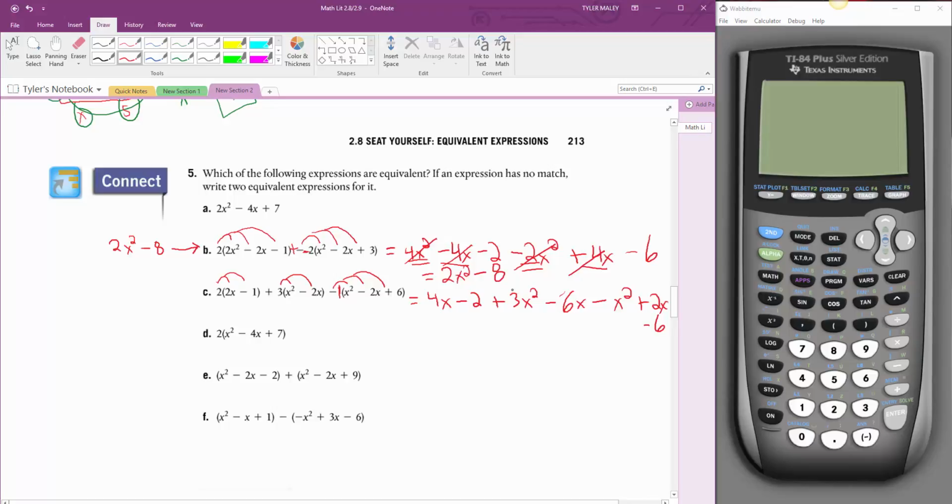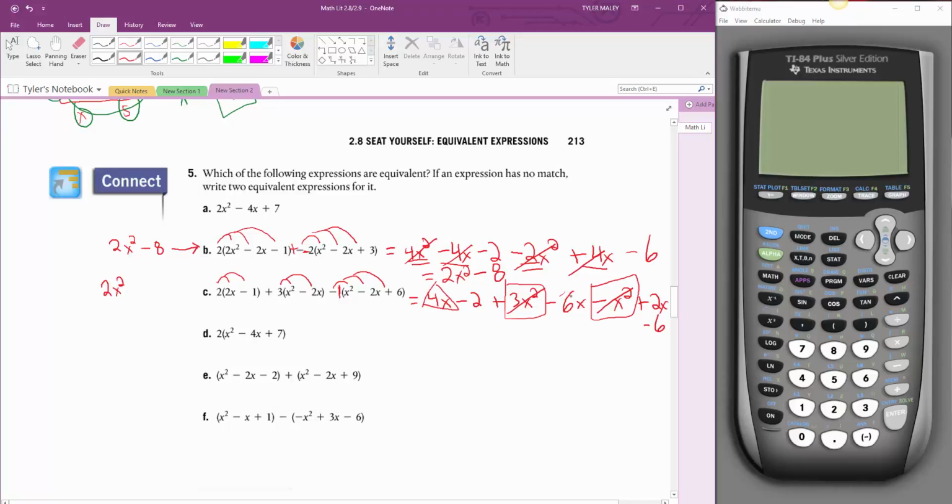So then we can combine like terms. I like to start with the highest degree first, the biggest exponent. So I have 3x squared and minus x squared, those are my only x squared. So 3 minus 1 gives me 2x squared. Then I worry about my exponent of 1 for x.